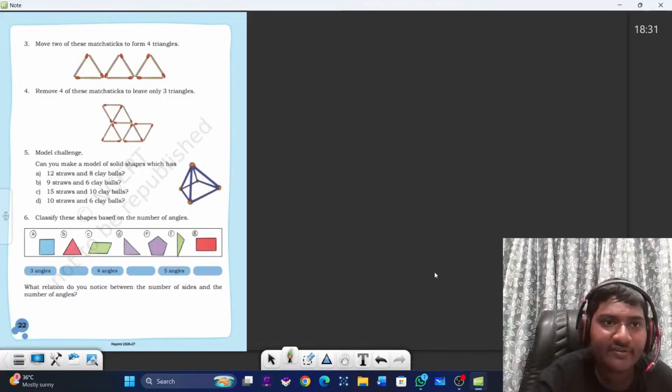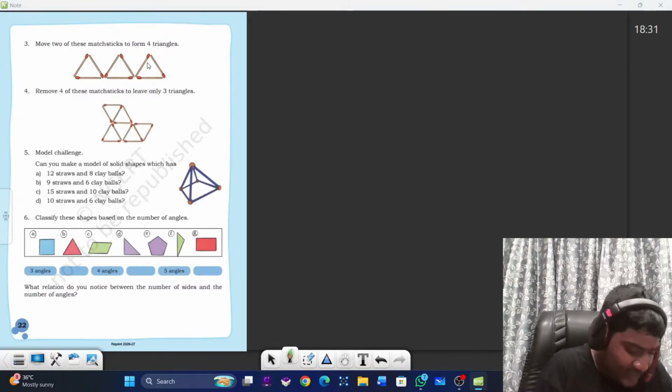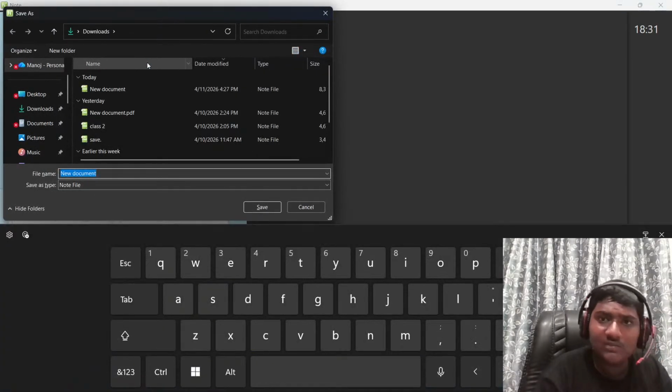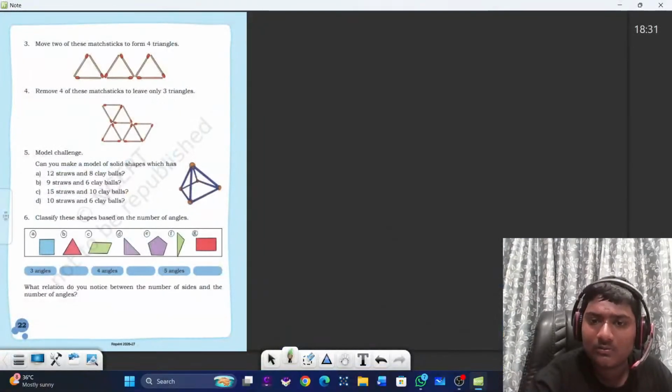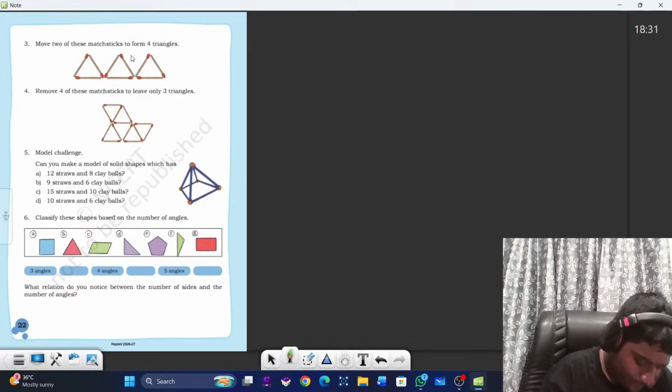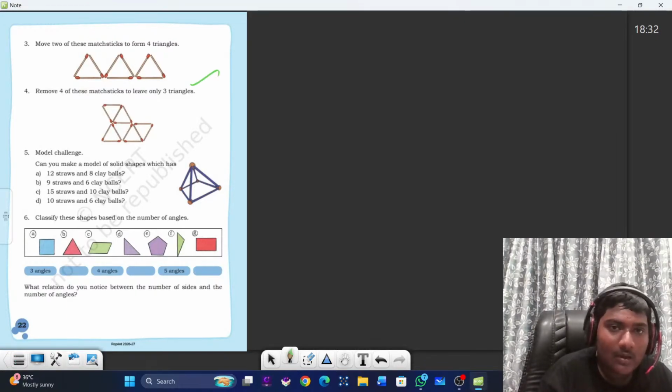Yes, and we have moved 2 more matchsticks to form 4 triangles. So now the thing we have to do is, please wait children. Yes, you have to use 4 more triangles, children. This I am unable to show.